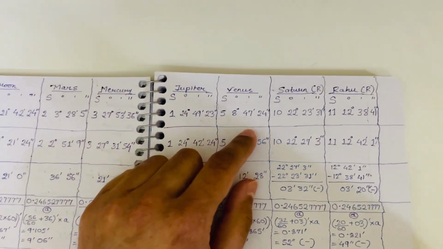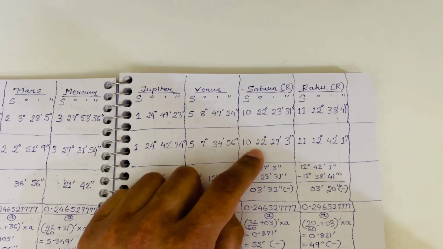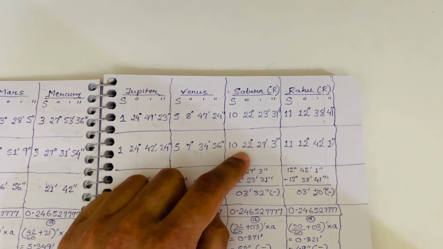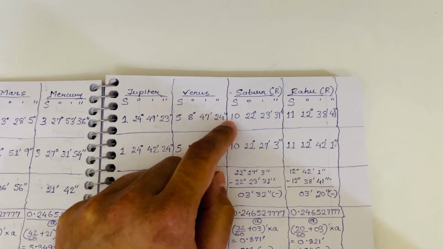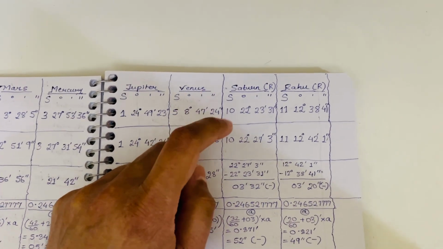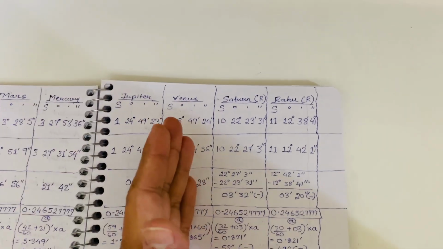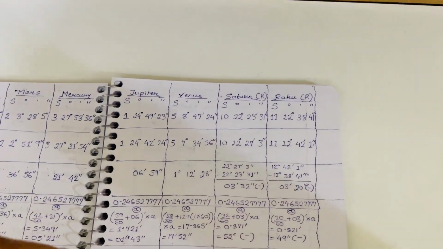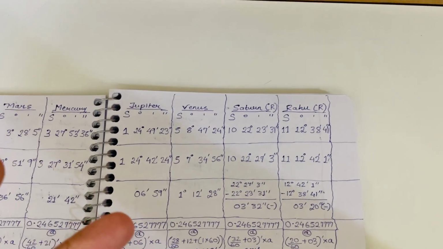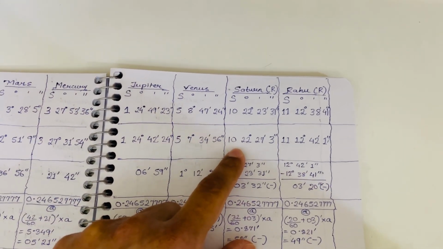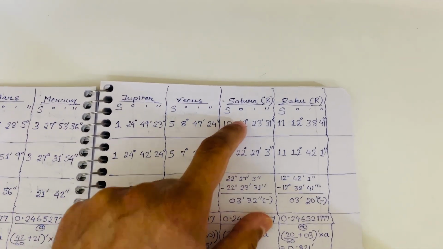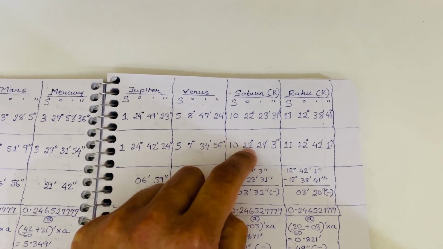But in Saturn, the 31st of August 2024 value is greater than the 1st September 2024 value. So whenever a planet is retrograde, we have to reverse the subtraction. In this situation, we are subtracting this value from this value because this value is greater.